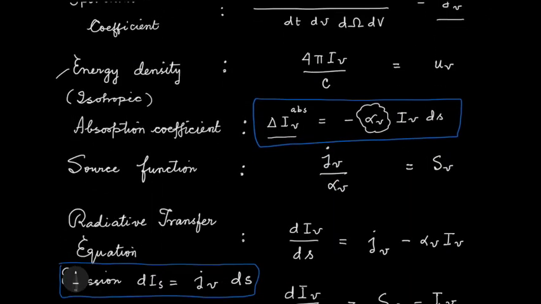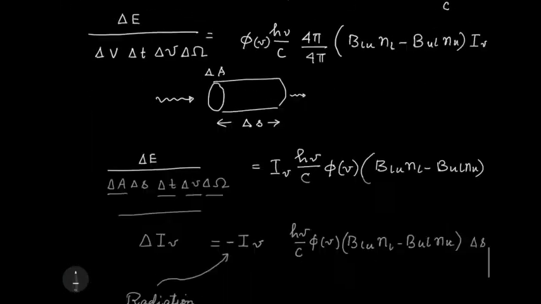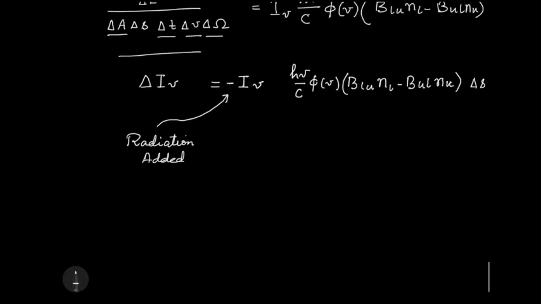Now if you look at it, delta I nu equals minus I nu something times delta S. And if I go to the top for the absorption coefficient, delta I nu equals minus something times I nu delta S. So that something is essentially my absorption coefficient. So let us come back here.